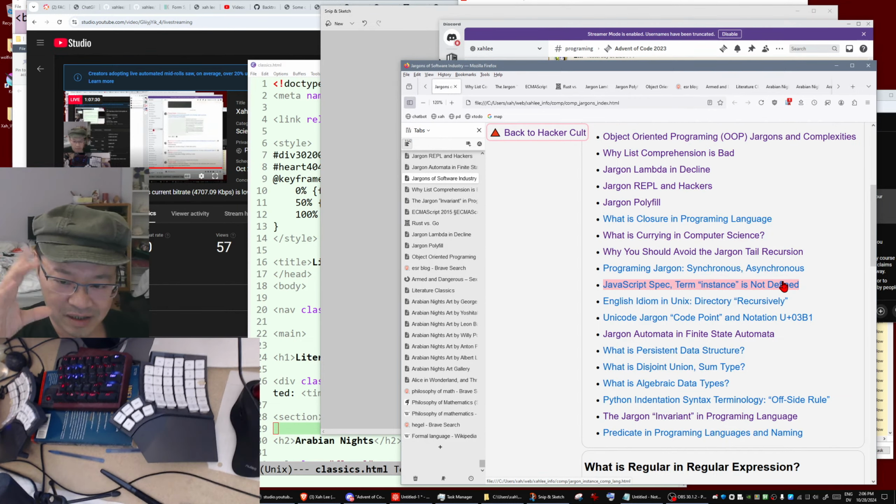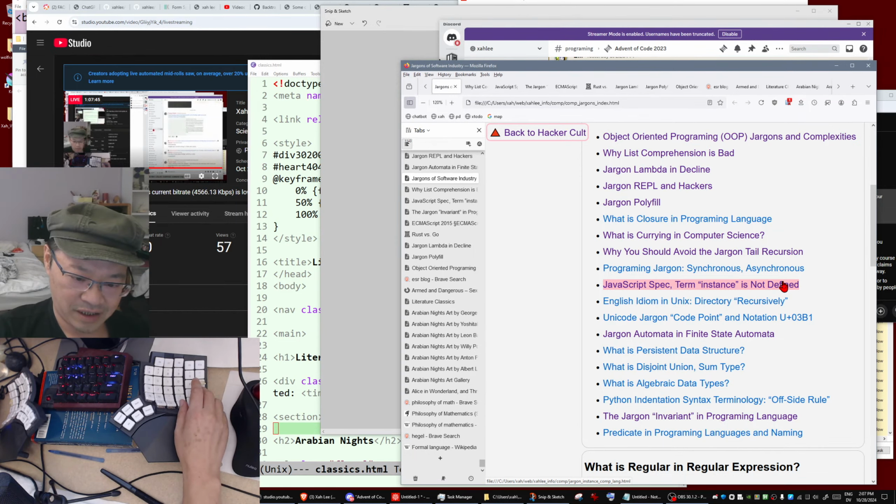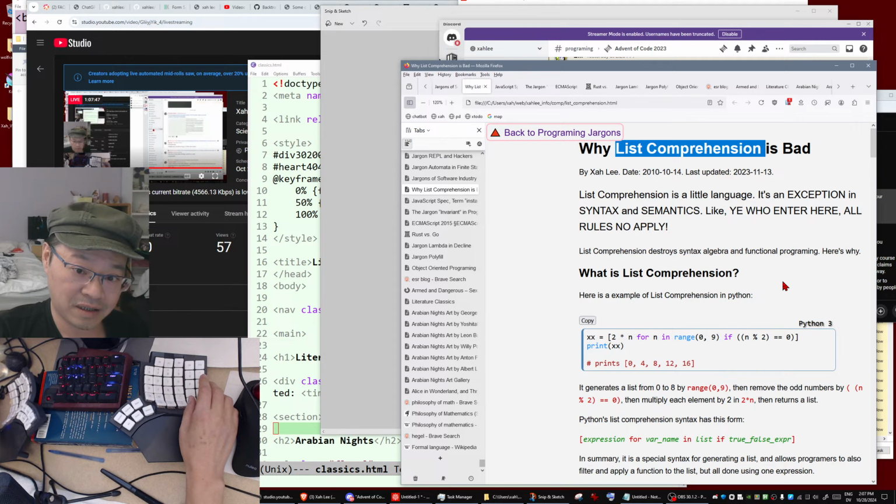Some of these jargons, let me talk about another interesting aspect about these computing jargons. You see, instance is very hard to define mathematically. Intuitively, we kind of understand it.